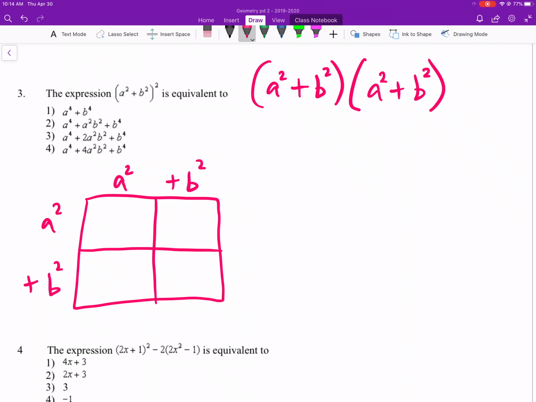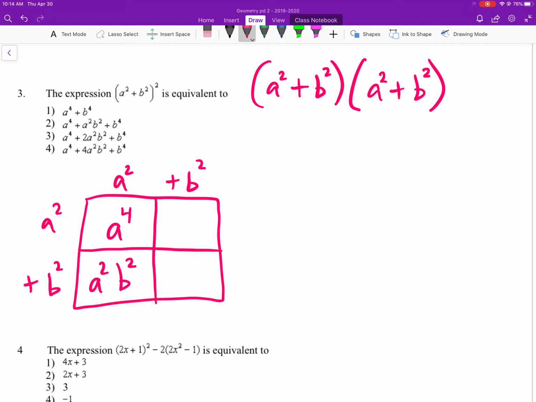Same thing. A squared times a squared is a to the fourth power. Add the exponents. 2 plus 2 is 4. Bottom left, a squared times b squared. They're not the same variable. You can multiply them, but that just puts them next to each other; it doesn't have you keeping a base and adding exponents. So you end up with a squared b squared.